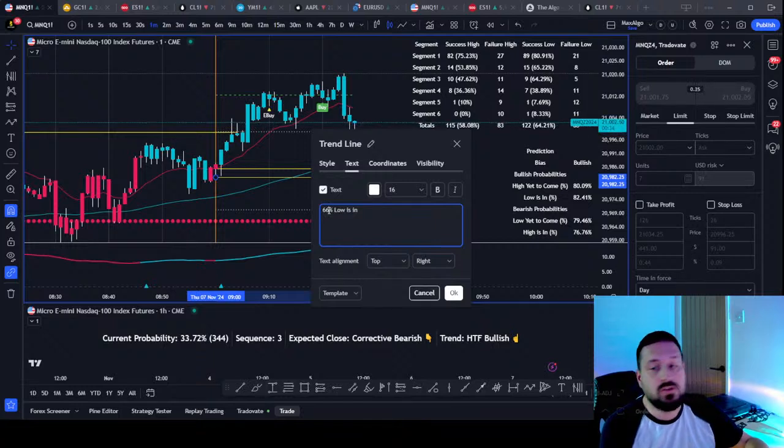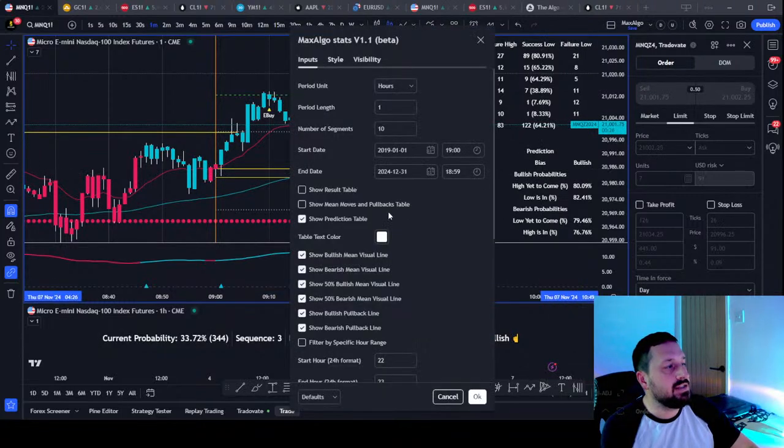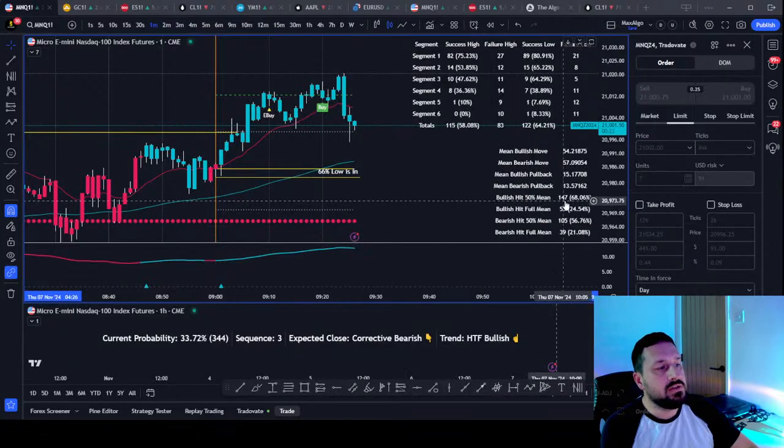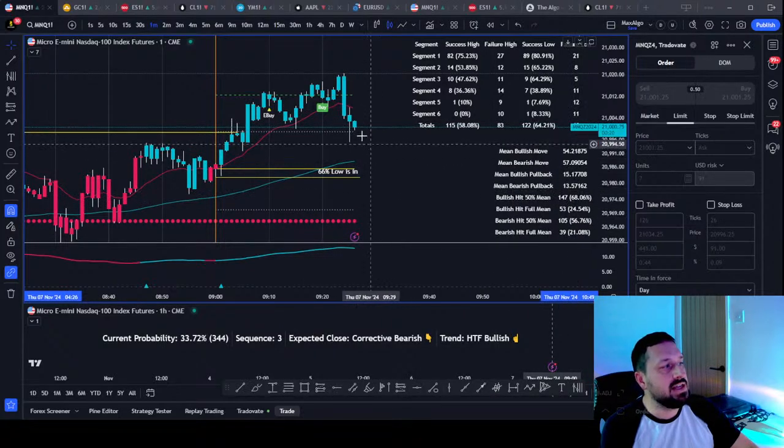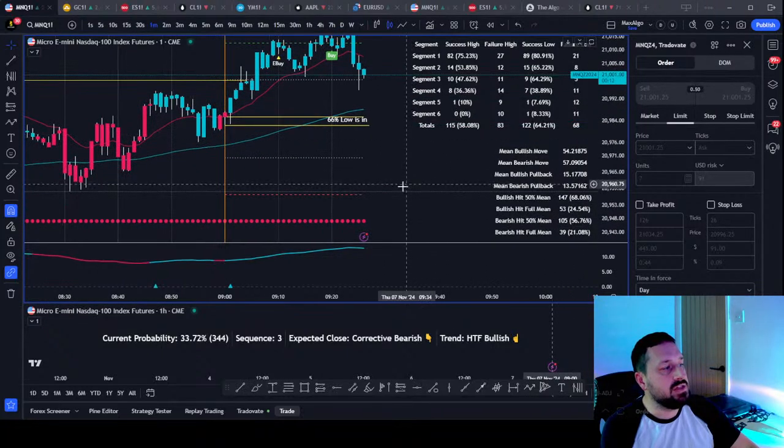So it's not just every last candle. They are based on a statistical level, right? So 50%, you can see on this hour, 68% probability of hitting this level. And 56% probability of a bearish move hitting the low.